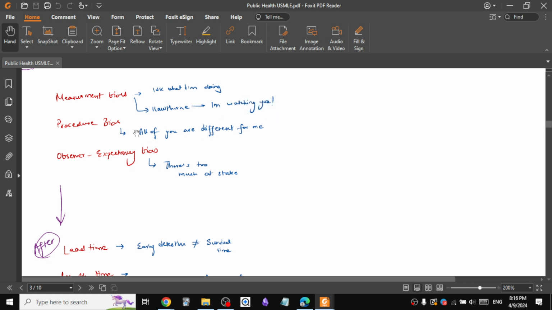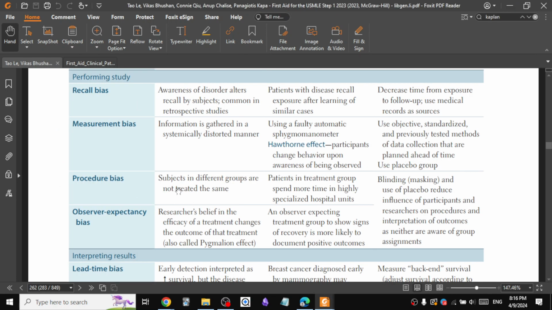Procedure bias. All of you are different for me. Subjects in different groups are not treated the same. Why? You should treat them the same, but the conductor already knows something about a set of participants and starts to behave differently.